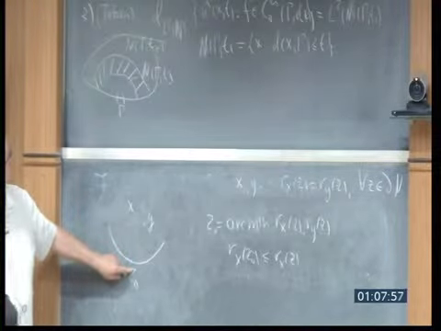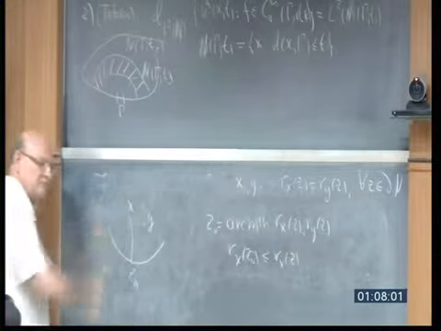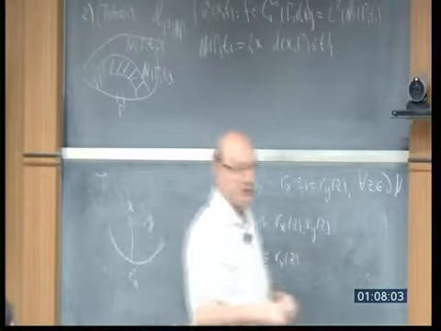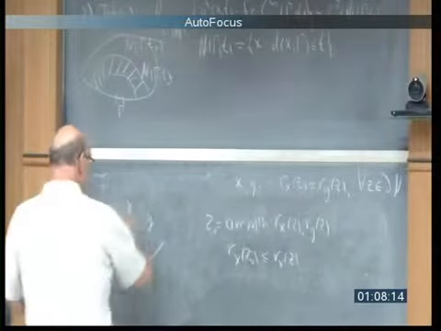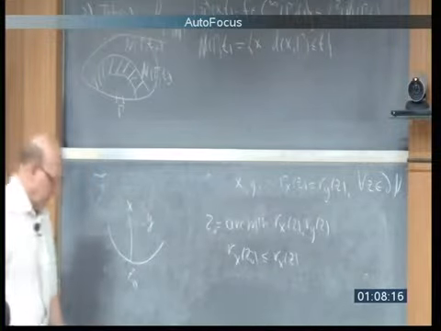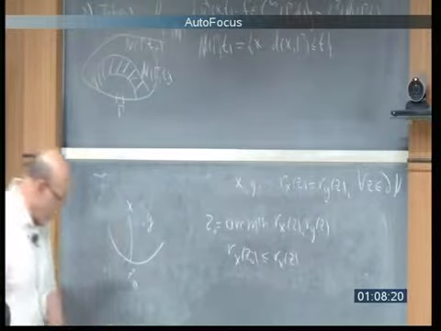Agree? So let us look for the shortest curve from z0 to x. And we know that the shortest curve is a geodesic. In the Euclidean case, it's just a straight line, right? So this is a geodesic that comes from z0 to x. Moreover, this geodesic should be perpendicular, orthogonal to the boundary.